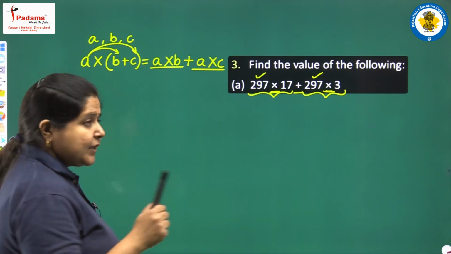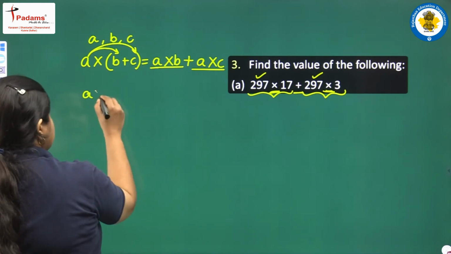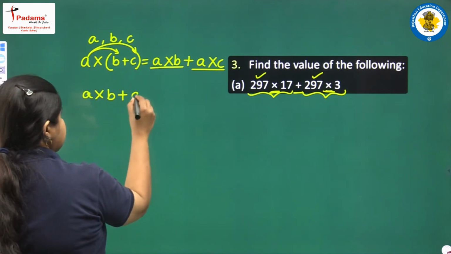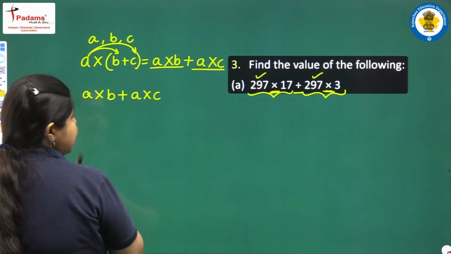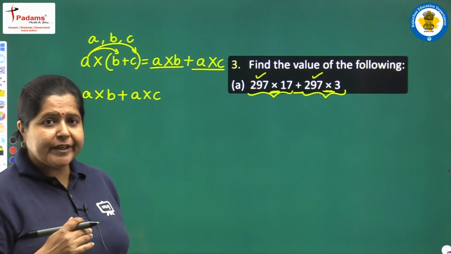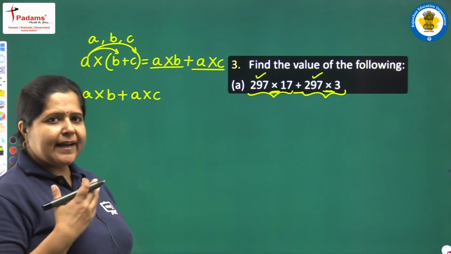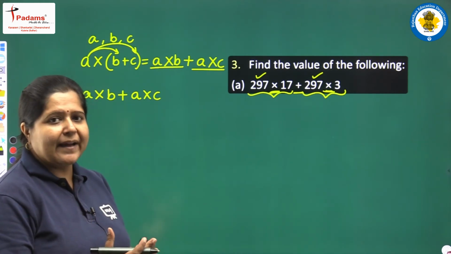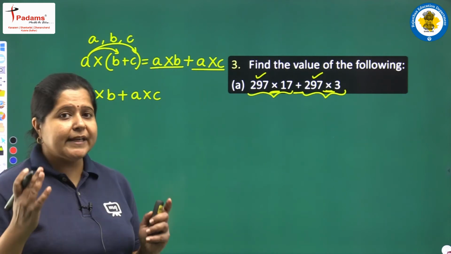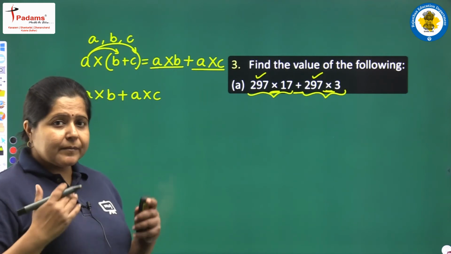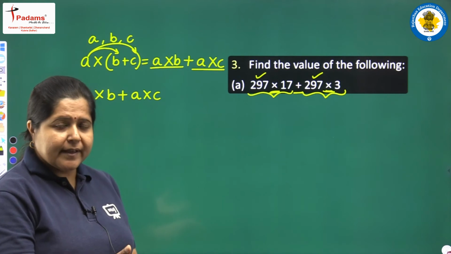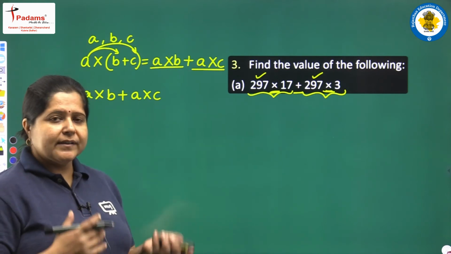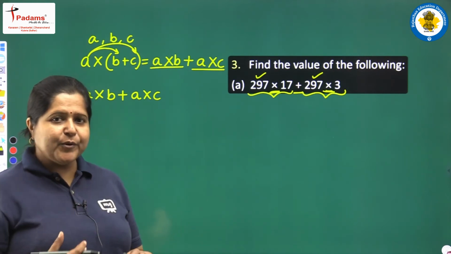But if we have the question of this form, a into b plus a into c, then a is already distributed to b and c, so further we can't distribute. Then what can we do? We can collect it back. Just when you go in library period, you are being distributed books, and then after the period is over, the books are again collected back from you.